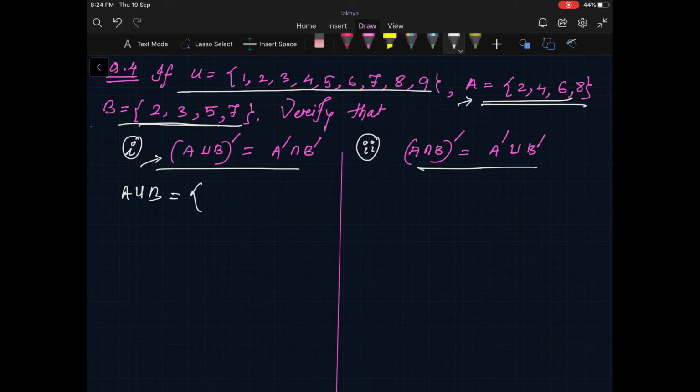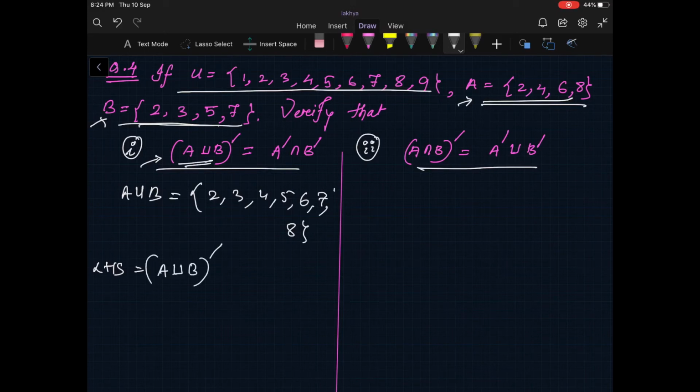A union B is a set which contains all the elements of set A and set B. So here it will contain 2, 3, 4, 5, 6 and 7 and also 8. Now let us find the left hand side of this relation, that is the complement of A union B. So how to find this?